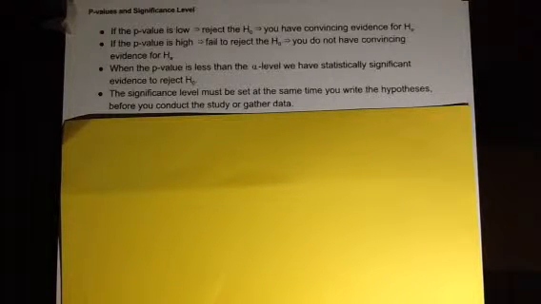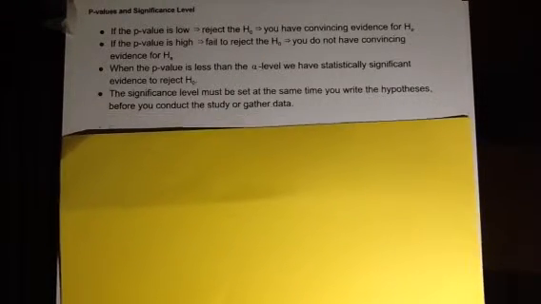Then you're told, like in a murder trial, can you prove it beyond a reasonable doubt? They're setting your alpha level, your significance level, so it's so low there's no chance that this just happened by pure chance alone, that this person must have done something.